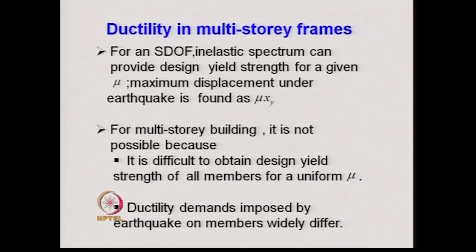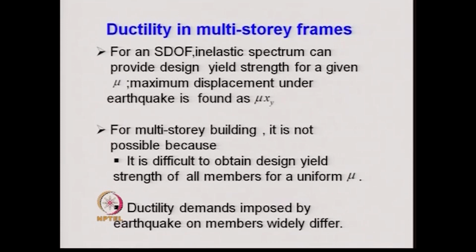As the entire structure goes into the inelastic range, different joints and different members undergo different inelastic deformations. As a result, the ductility for the individual members is different.